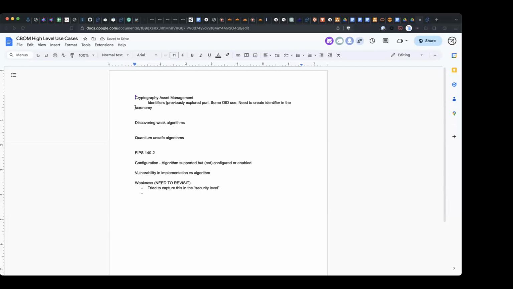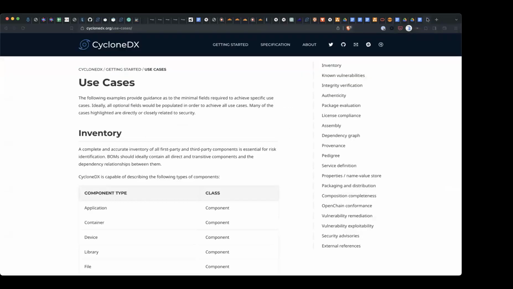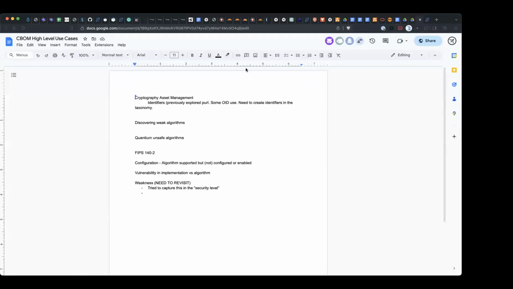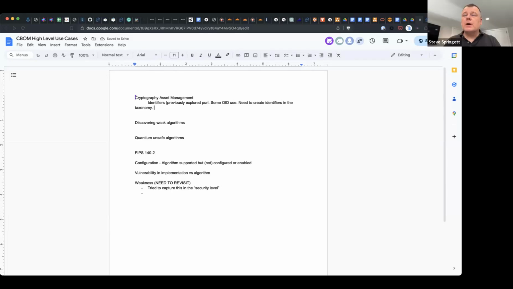I know that when I first encountered your work in CBOM, I came across at least two, if not perhaps three, registries. So there is an analog, right? There are groups trying to create registries. Am I misremembering? Registries for algorithms?